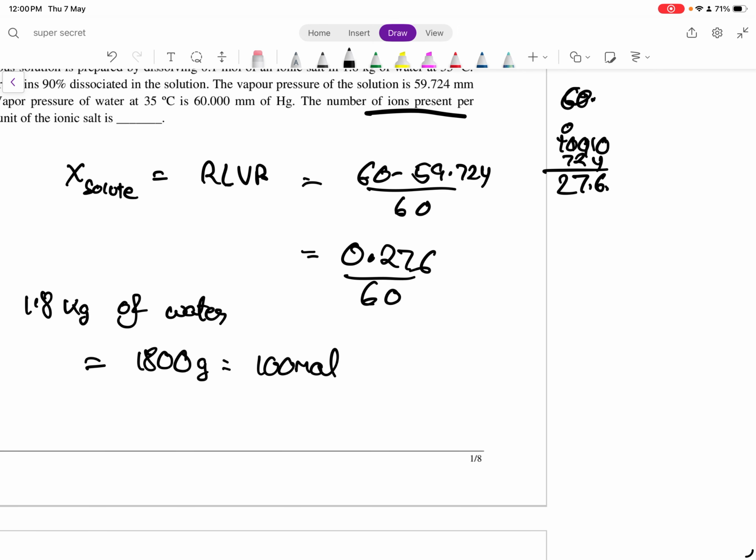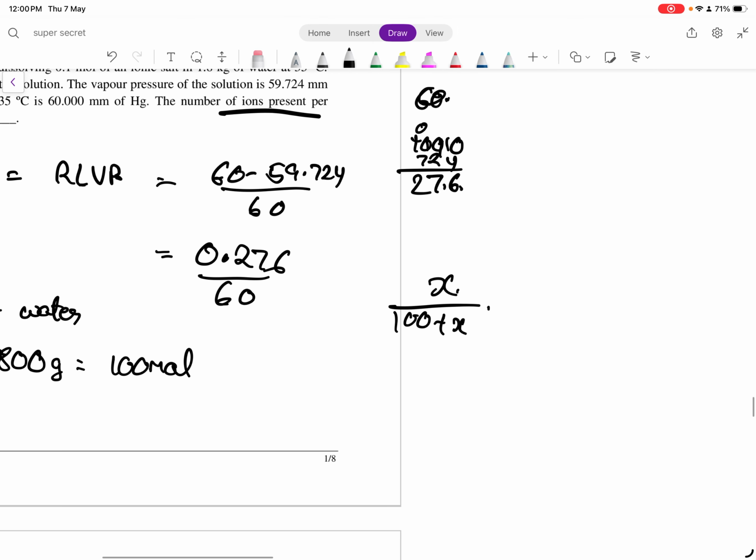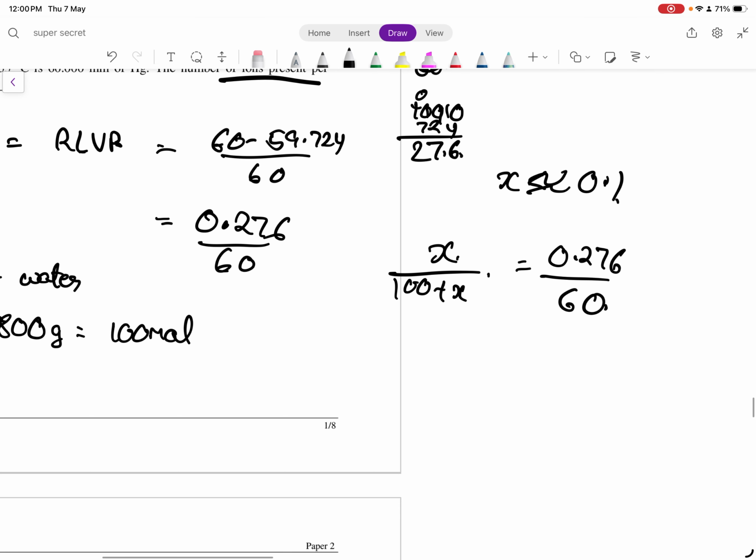So we have x by (100 moles plus x) is equal to 0.276 by 60. x is going to be approximately 0.1, so this can be cancelled. x is equal to 10 by 6 into 0.276.